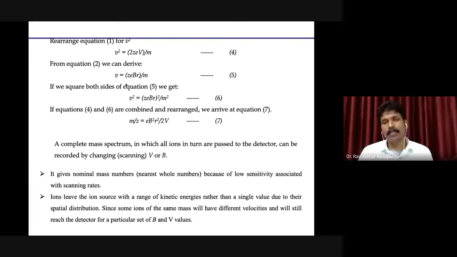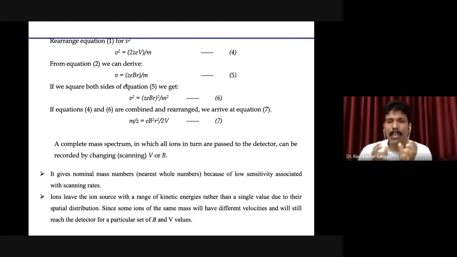All those will not have the same kinetic energy. They will have different kinetic energy. But we started by discussing that they have the same kinetic energy because we are applying the same accelerating potential. That is true in theory, but in practice it is not true.